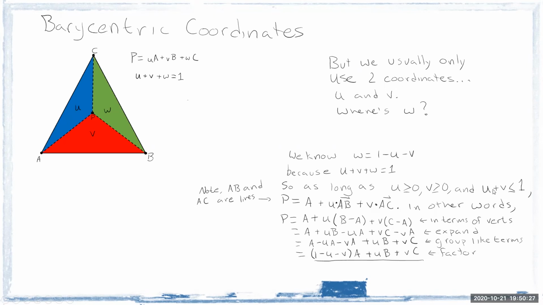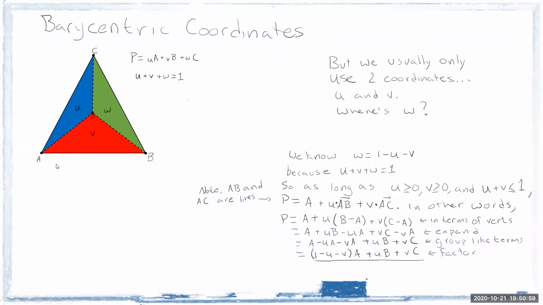And as long as we know that U and V is less than or equal to 1, which again, these constraints are just saying if the point is within the triangle, then we can say that the point P is the point A plus a little bit in the direction of the AB line plus a little bit in the direction of the AC line, right?